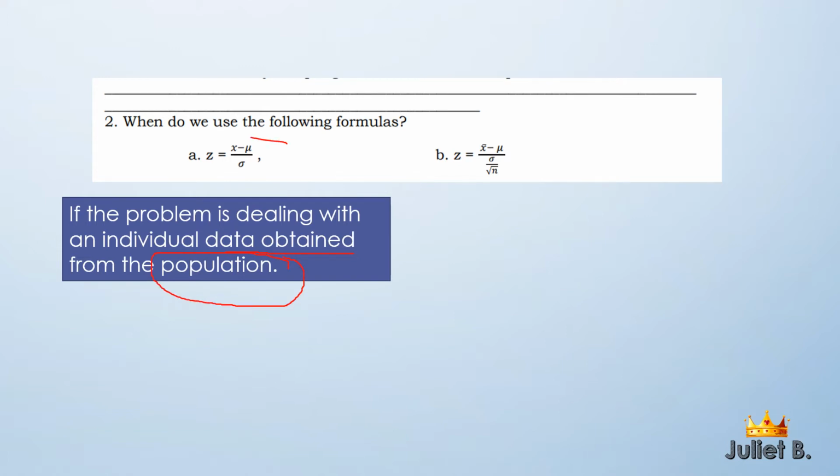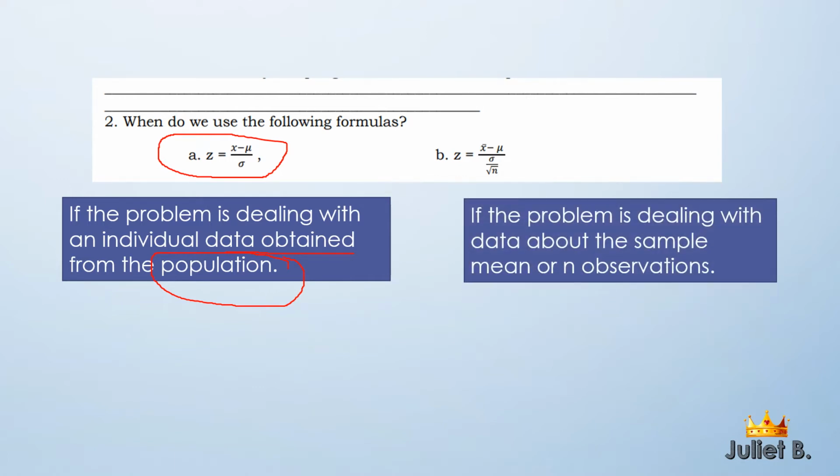So as you can see in our formula, our data or the variables itself in the given formula are all taken from the population. We have the x value, we have the population mean, and the population standard deviation.